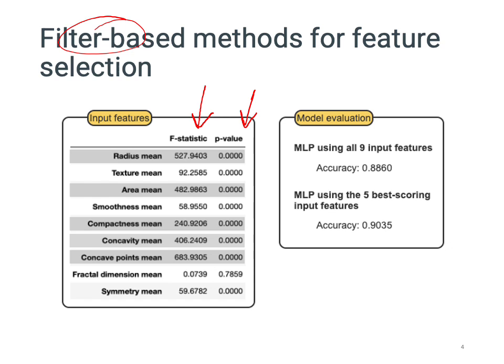And so you can see if we select the best features that have the highest F statistic value, which turns out to be 5 features here, then the model will perform better and will score 90% accuracy, versus if we did not perform feature selection and used all our inputs, then the model would only score 88%.